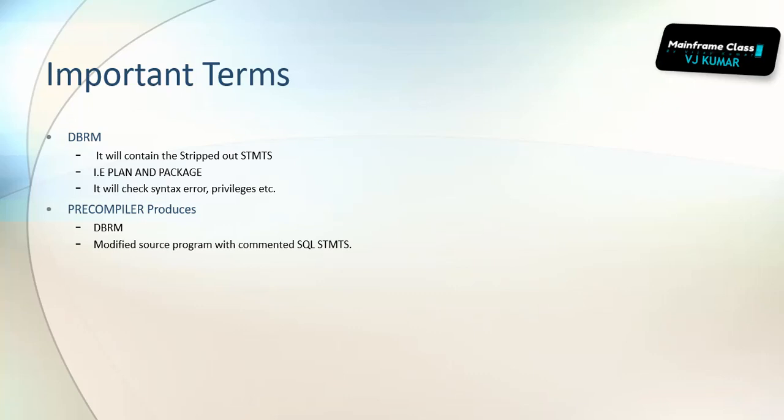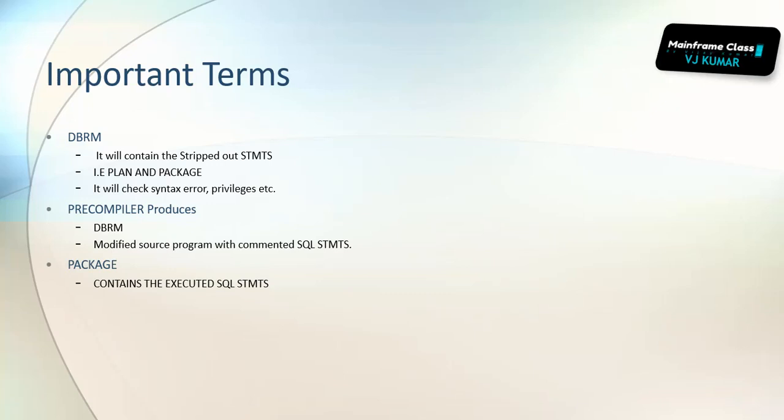What does a DBRM mean, sir? DBRM will contain the stripped out SQL statements. It is used for checking the syntax errors and the privileges that a particular table will have. So that is what the DBRM will do.